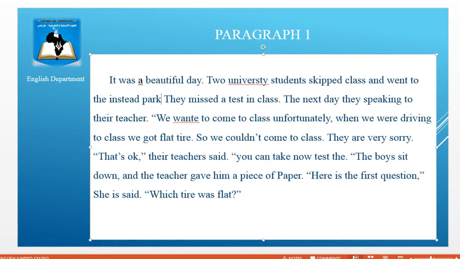2 university students skipped class and went to the Instead Park. Okay, now let's read first 2 university. What's wrong with university? It's underlined with color.